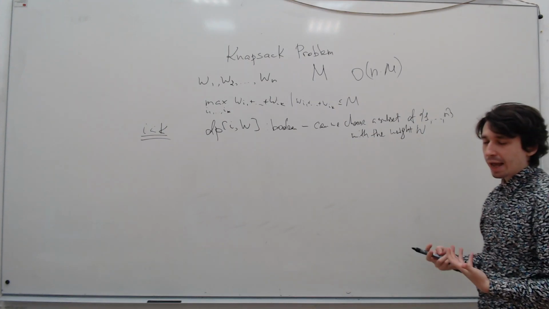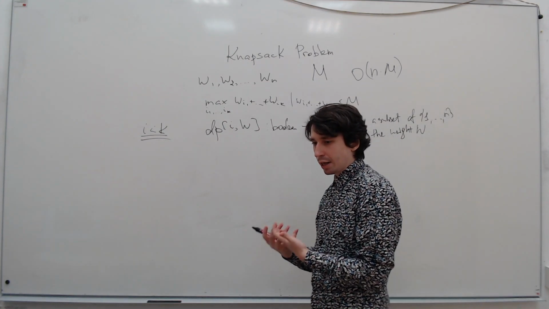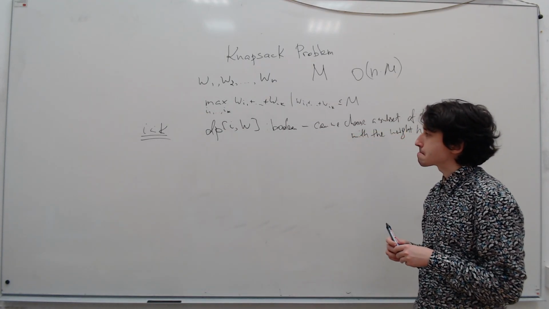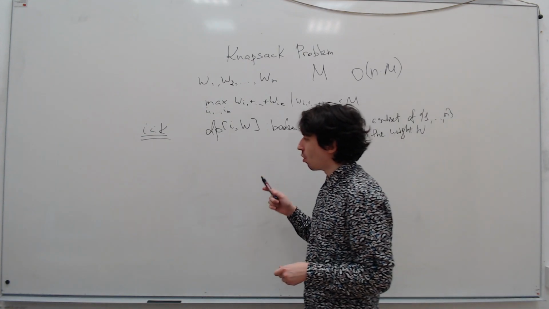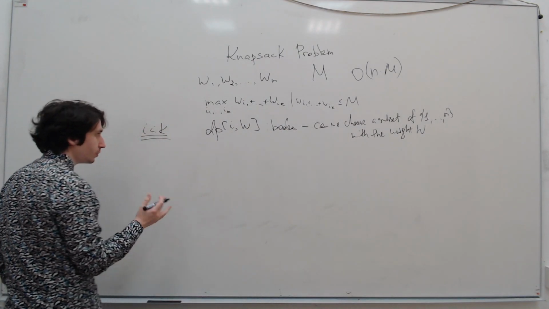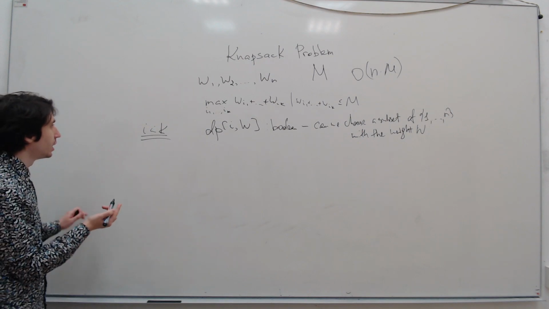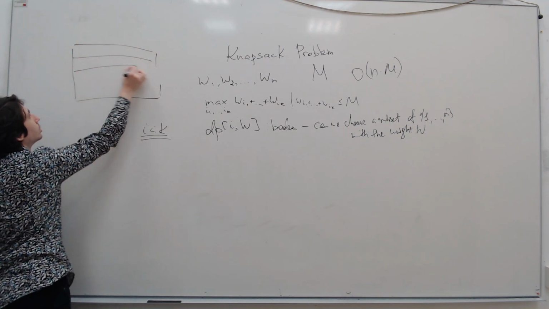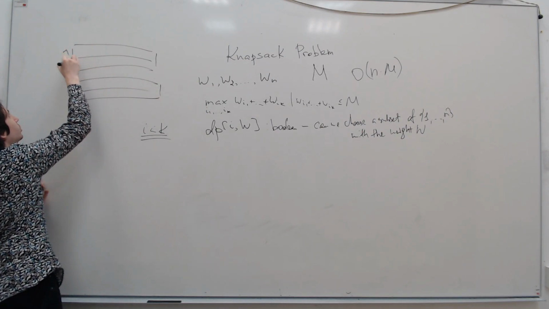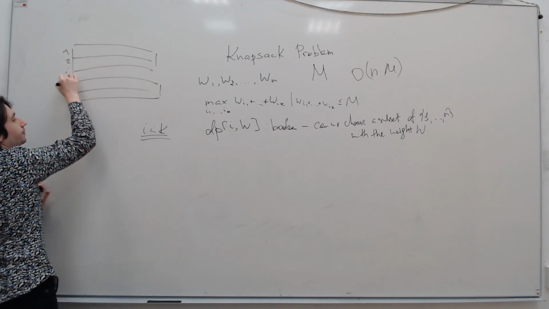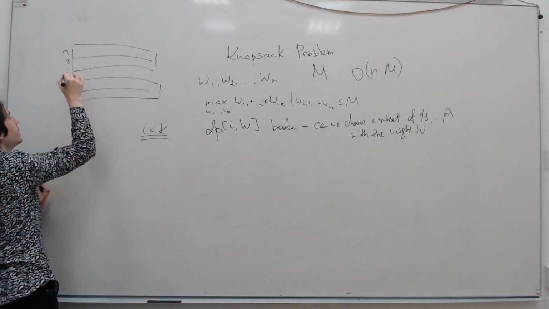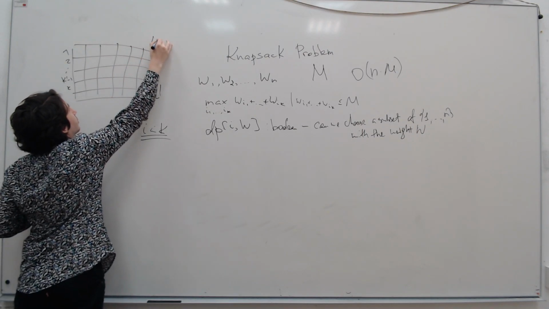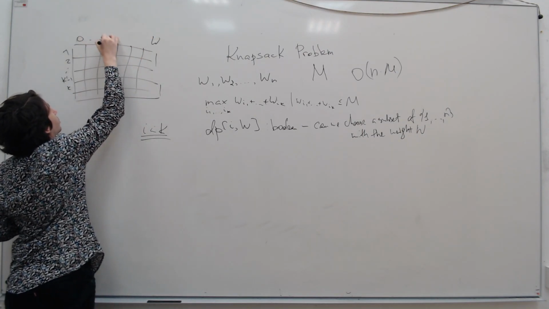If you think of this as a table, it will be 1, 2, and so on, up to k minus 1, k, and here is weight 0 to w.